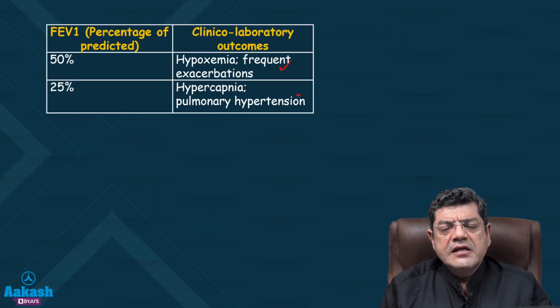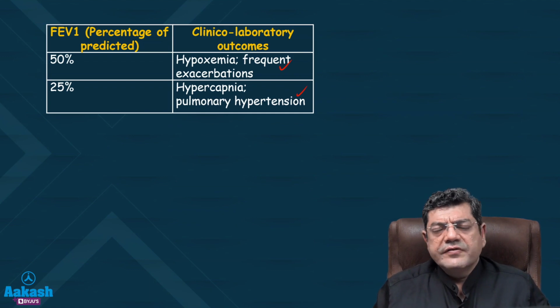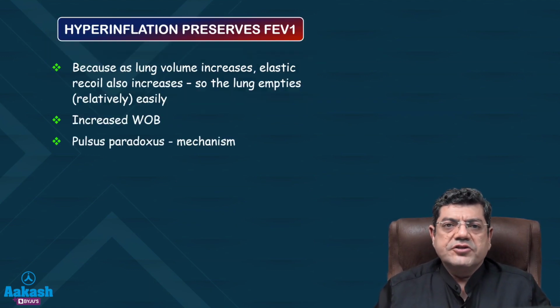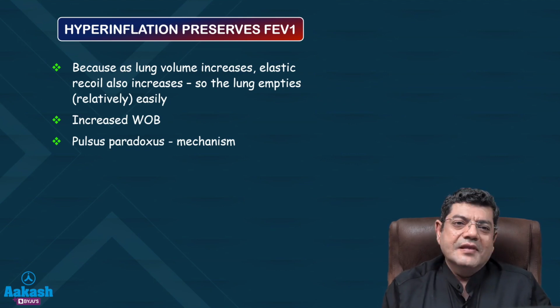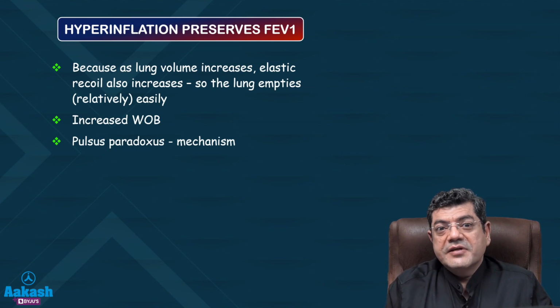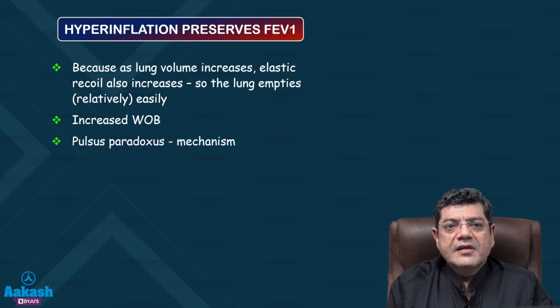We've discussed the clinical correlation of FEV1 with the outcomes and expression, right? Now, the first point here is that hyperinflation preserves FEV1. How? As lung volume increases, elastic recoil also increases.